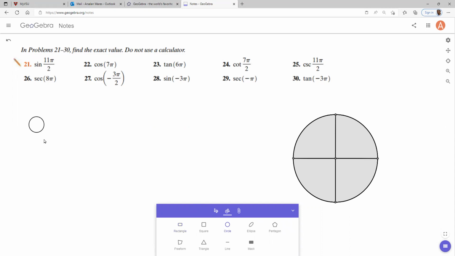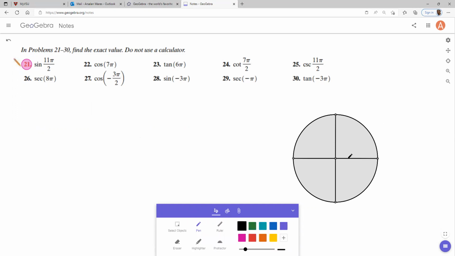I'll try to explain it as we go. And this is how we're going to tell you the number that we are working on. At this point, we are working on 21. Now, 11 pi over 2, your calculator will tell you is 5.5 pi, which is not really that bad.